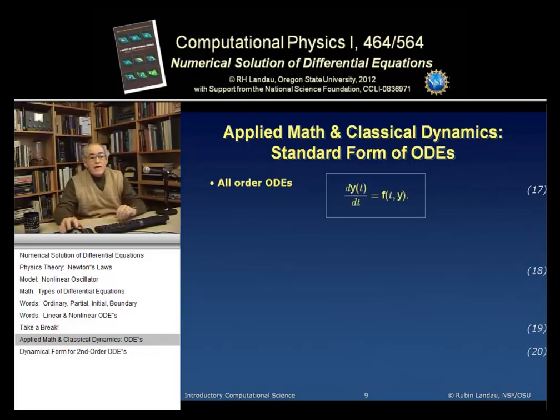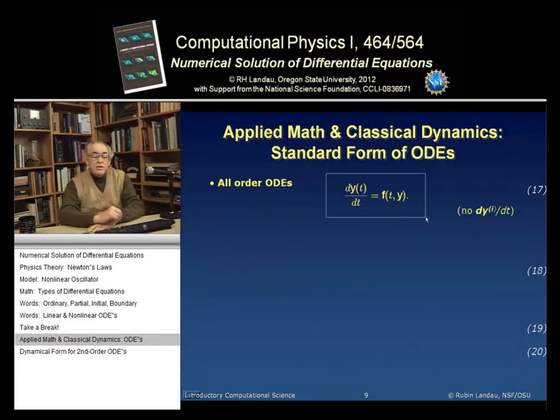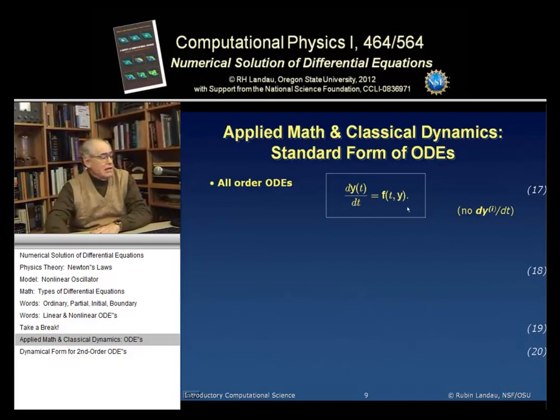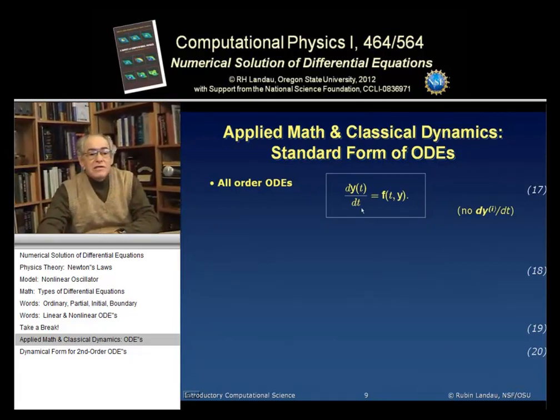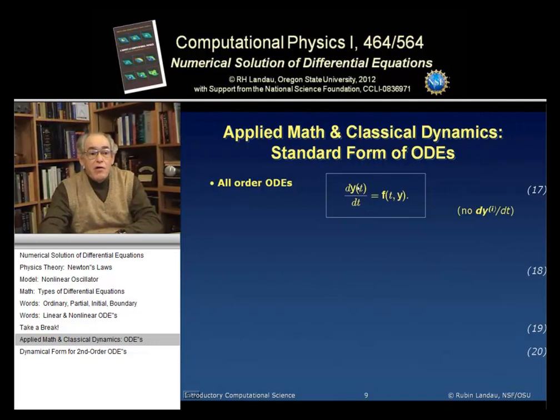So what we have here on equation 17 is that all ordinary differential equations have to be written like equation 17. Ooh, that's saying a lot. And what equation 17 has is a first derivative of y as a function of time. So we go through this again. t is the independent variable, y is the dependent variable.